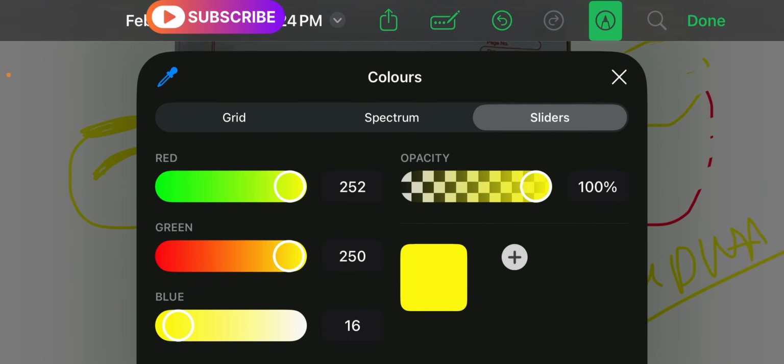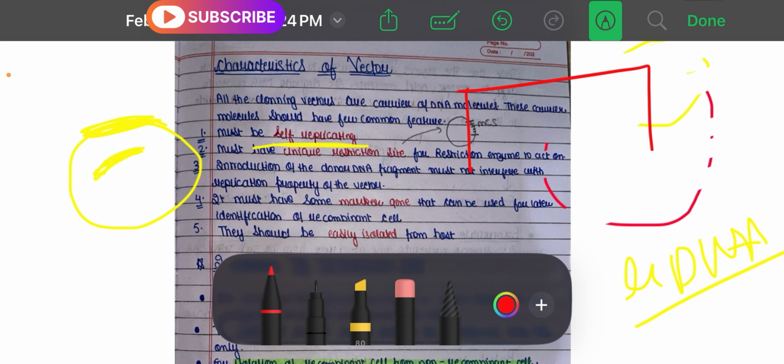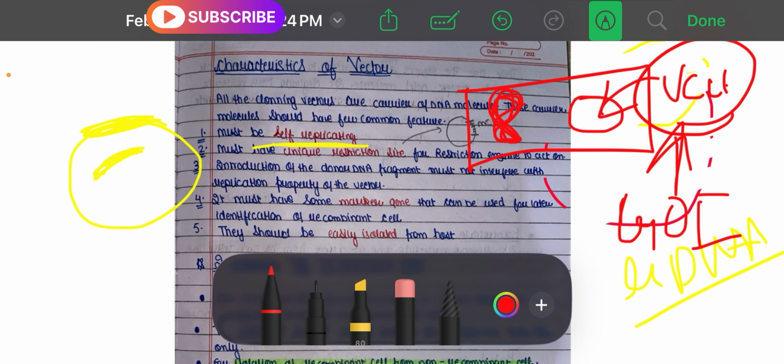As we know, the bacteria has two types: its chromosomal DNA and also the plasmid. The plasmid here acts like the vector. Vector means it is going to carry my gene of interest.